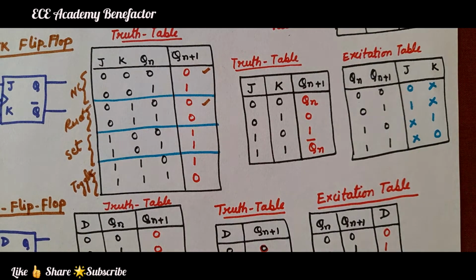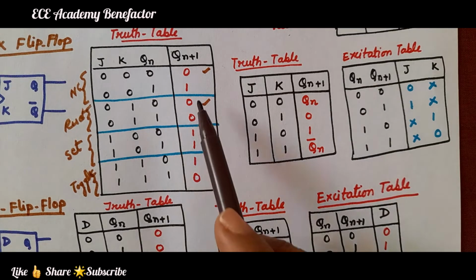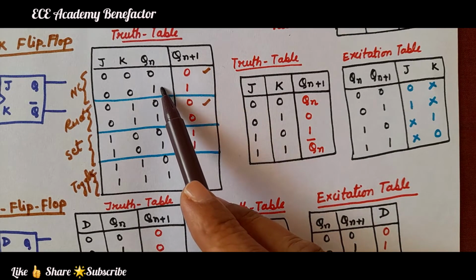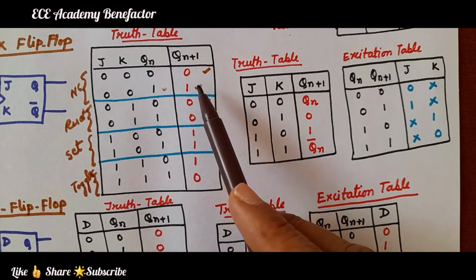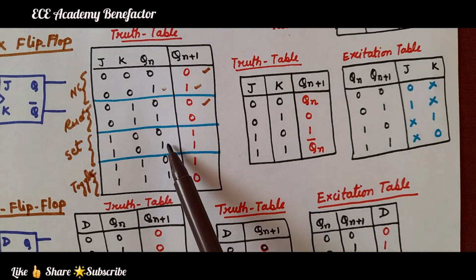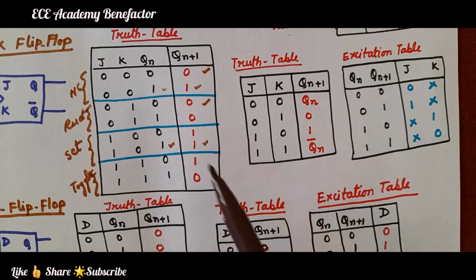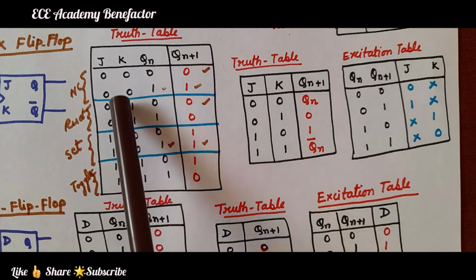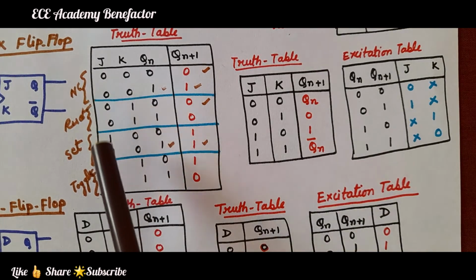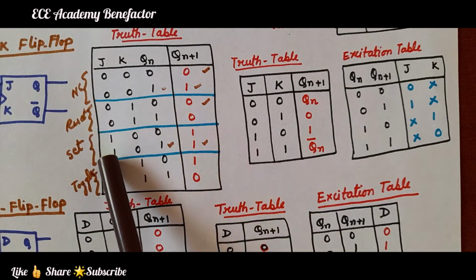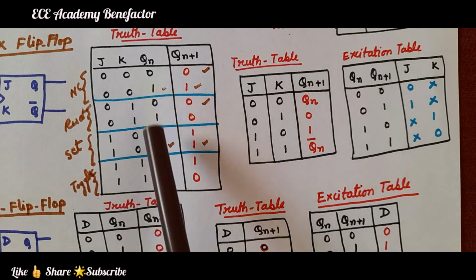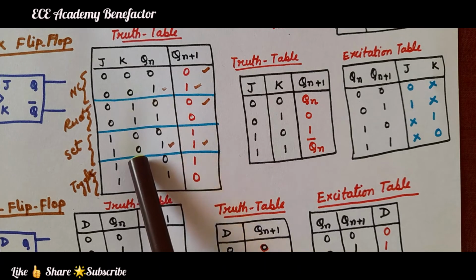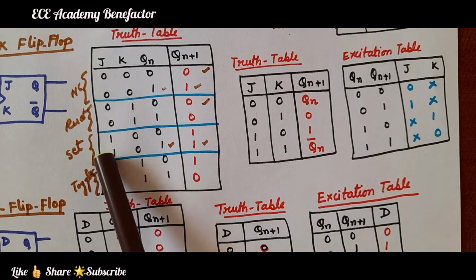See this one, when Qn is 1 and Qn plus 1 is also 1. Under these two conditions, what is happening? See, here J is 0 one time, and other time it is 1, so J can be written as X. And here K is 0 all the time, so it can be written as x0.